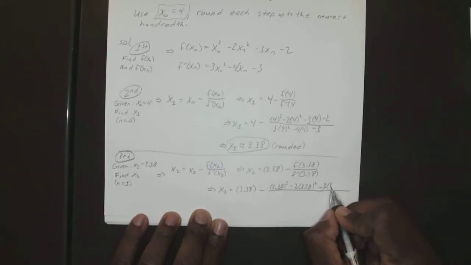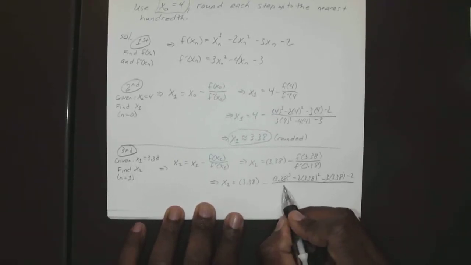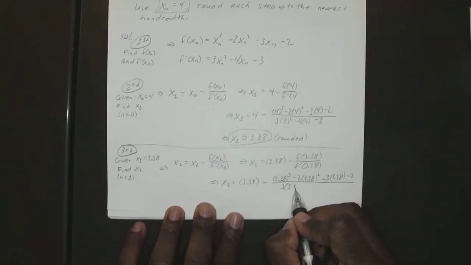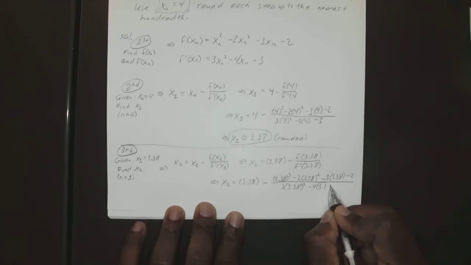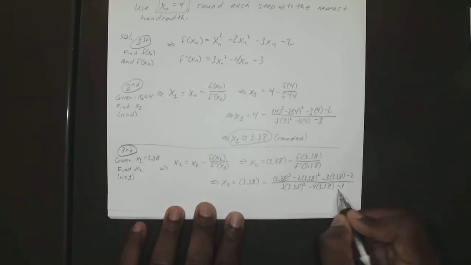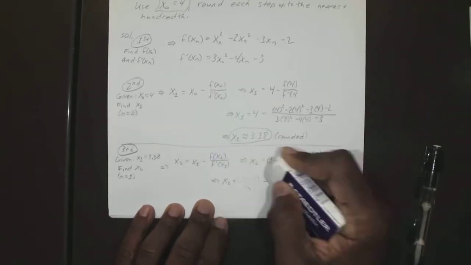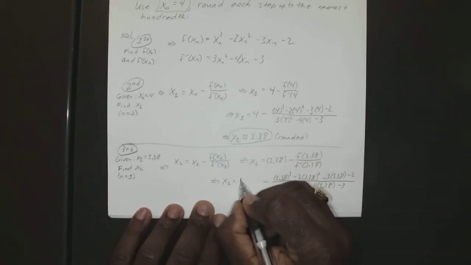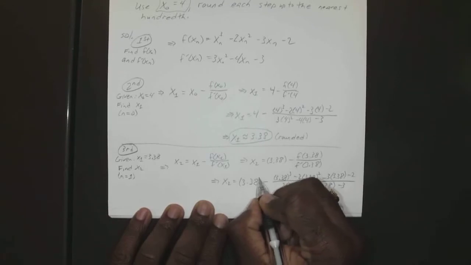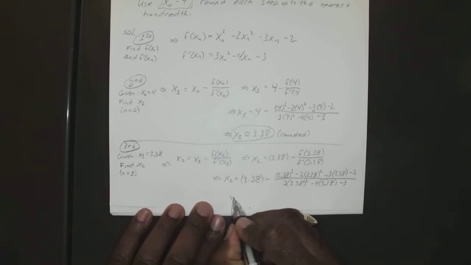Minus 3 times 3.38 minus 2 all over 3 times 3.38 squared minus 4 times 3.38 minus 3. Make that first 3.38 a little bigger. Okay. By the time you plug all of that in, your x2 should equal 3.18.